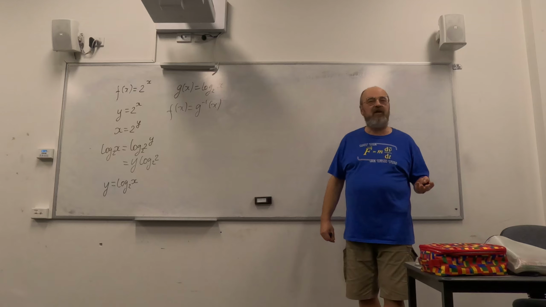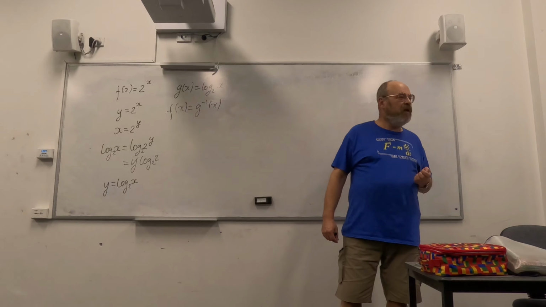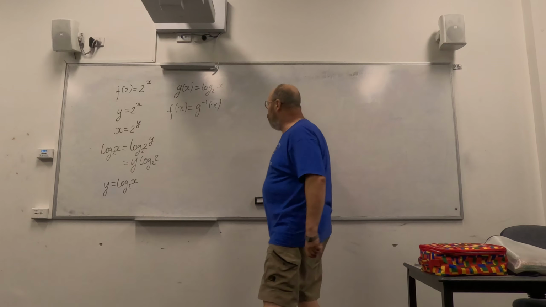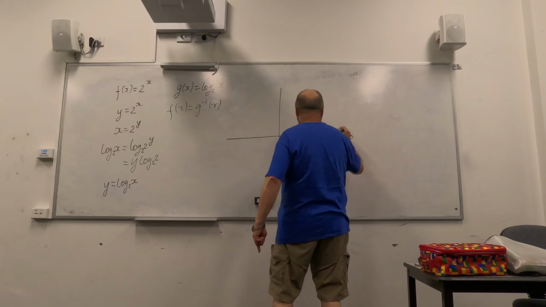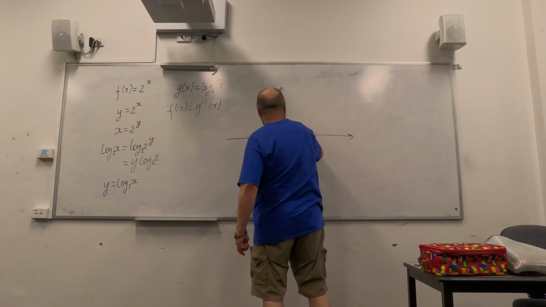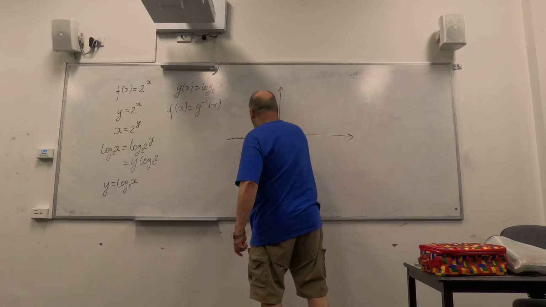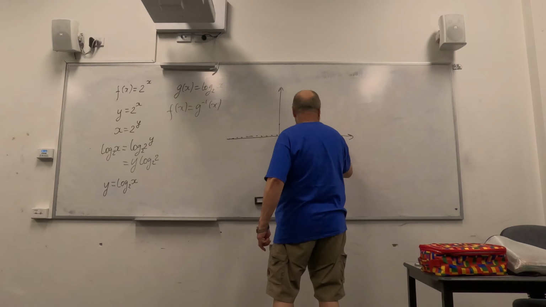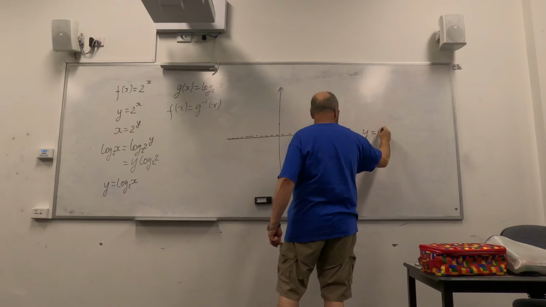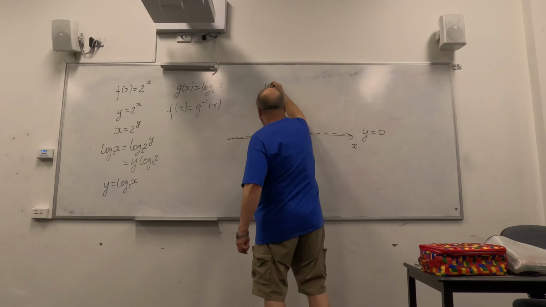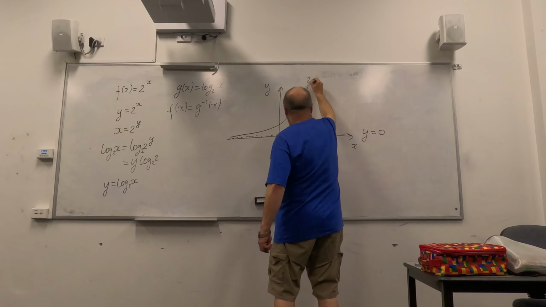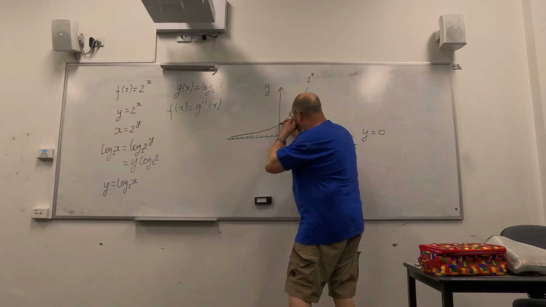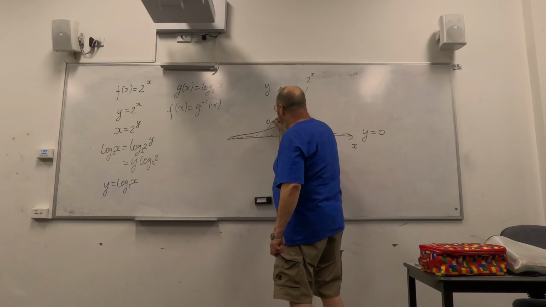The y-intercept of the original becomes the x-intercept of the inverse. So if this is the graph of 2 to the power of x, the asymptote is y equals 0, and the intercept is (0, 1).